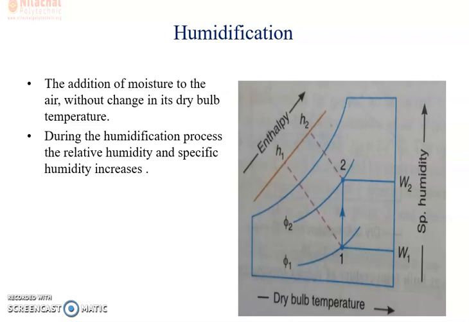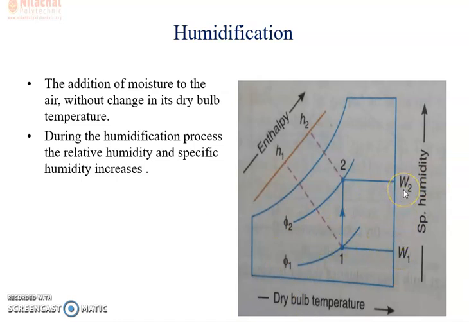During humidification, heat is added, and it might be noted that the relative humidity increases from phi1 to phi2, as well as the specific humidity increases, that is from W1 to W2.